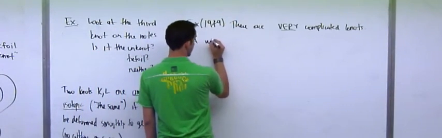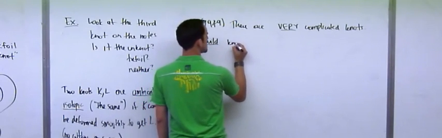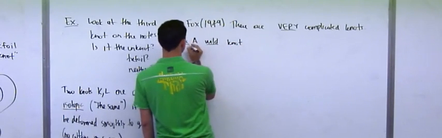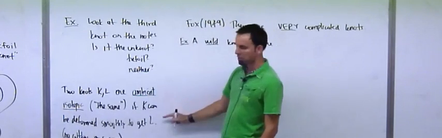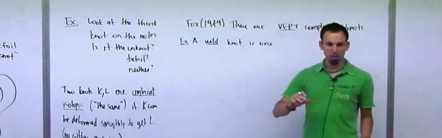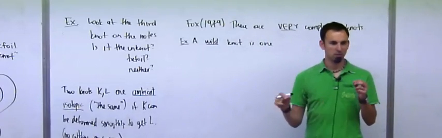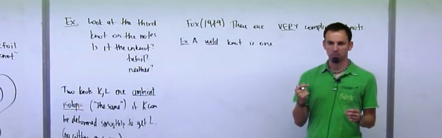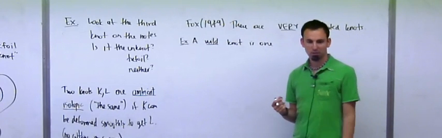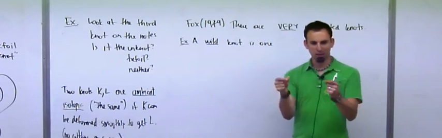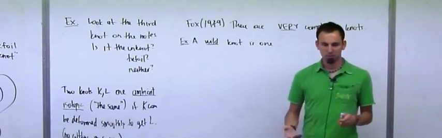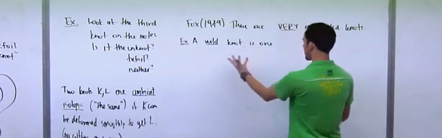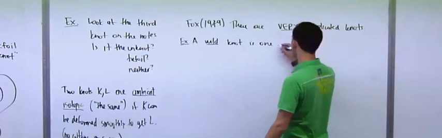For example, a wild knot, that's what they're called, wild knot, is one which is not equivalent, not ambient isotopic to any knot that you can form in a piecewise linear fashion. You would think that basically any knot you can kind of stretch it out and make it look like a polygon. But it turns out that's not true. There are knots that cannot be made to look like polygons.